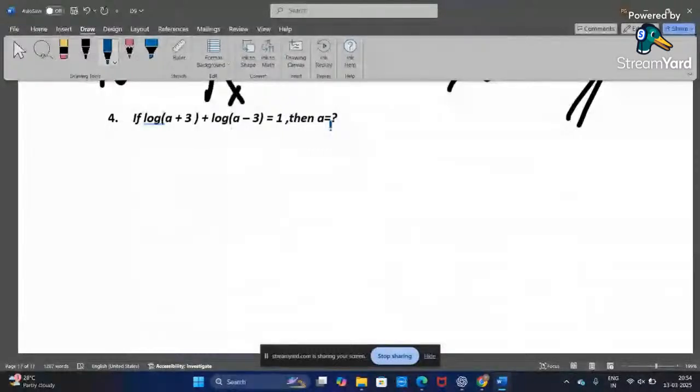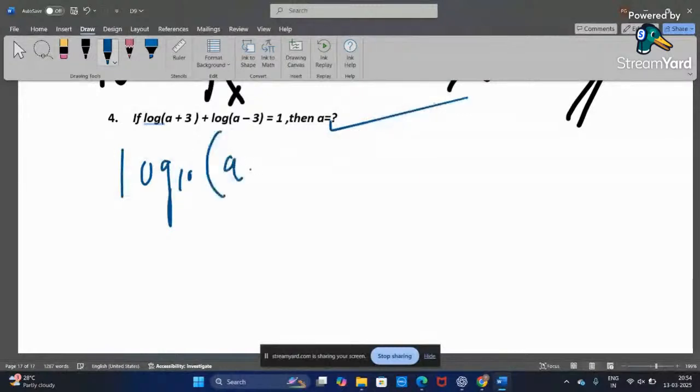In this type of question, log 10 is common, right? This is in the form of a square minus b square. So here b is 3, right? So it is 3 square. So it equals 1.